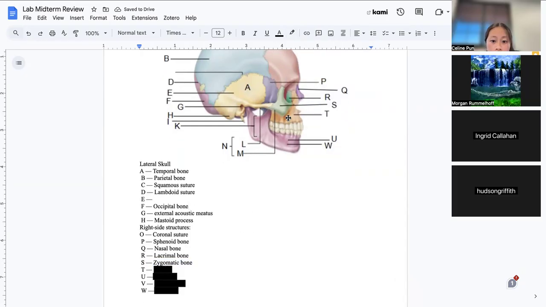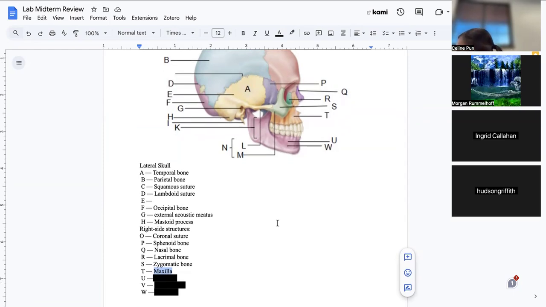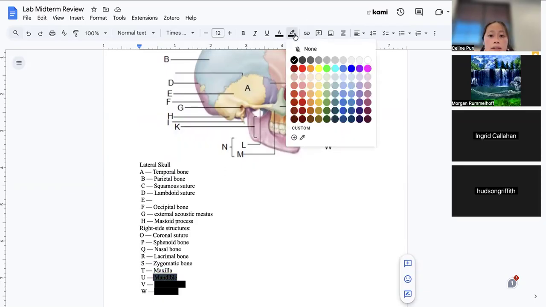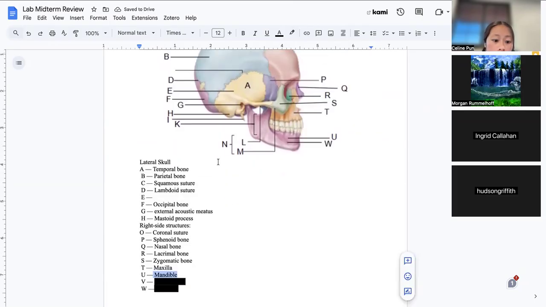And T, the one on top of your teeth. Maxilla. And U, what is the bone for your jaw? This is the mandible. And V, there's no V.